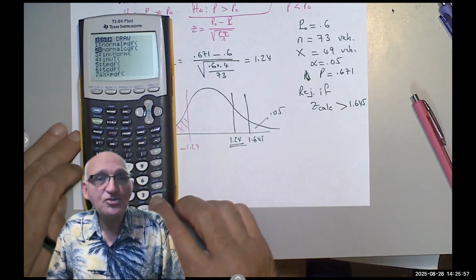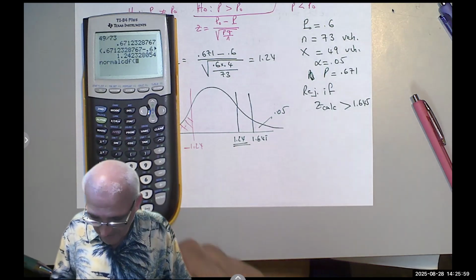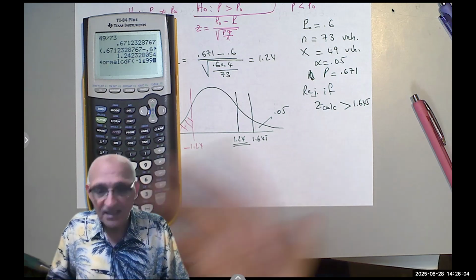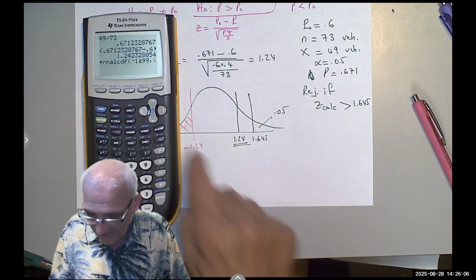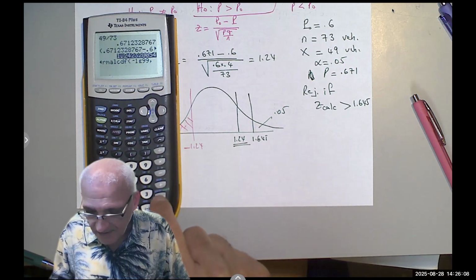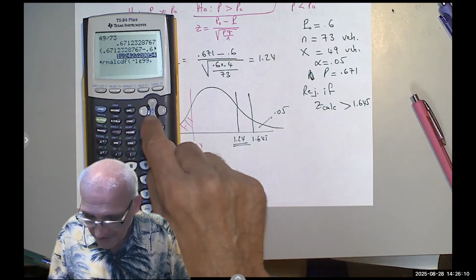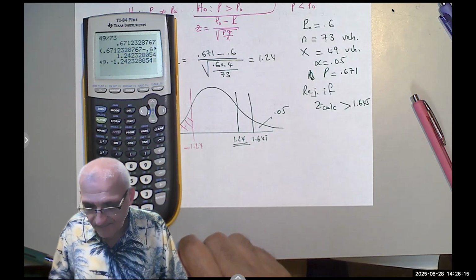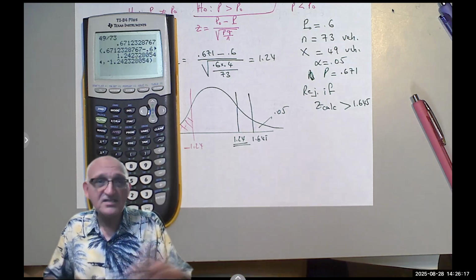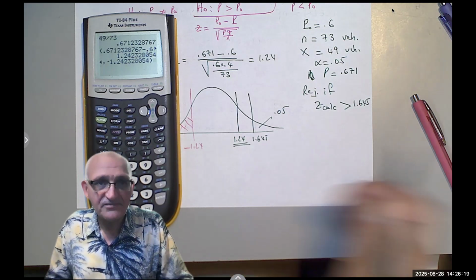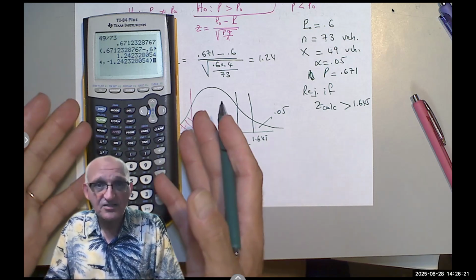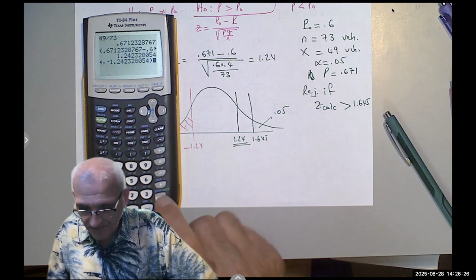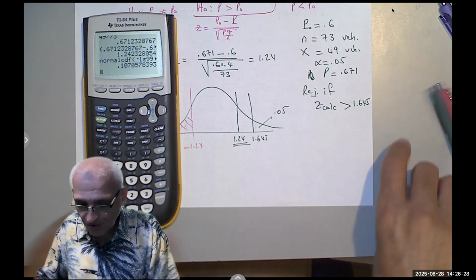Your lower limit should be negative infinity. So you enter negative 1E99, that's negative infinity, comma, and then you pick negative this number, right? And that's it, because the mean is 0 and the standard deviation is 1, meaning this is the standard normal, so you don't need to enter any mean or standard deviation. And you get 0.107.